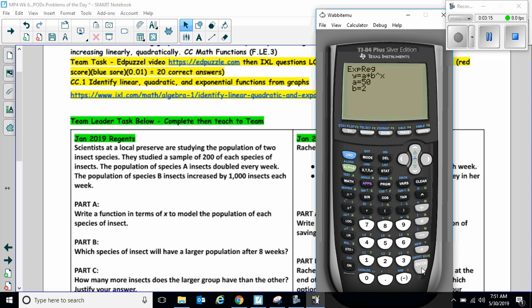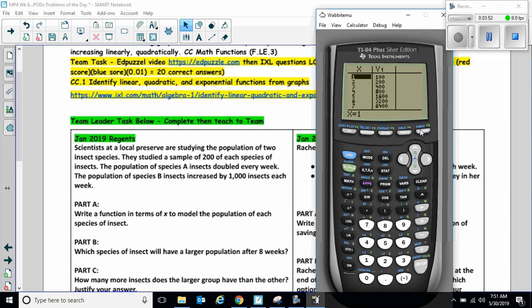So that means my a would be 50 and my b would be 2. What would this look like in my calculator? I'll pause the video, and this is what it looks like. Let's see if those numbers line up with what we just modeled. Perfect, that works. I don't even have to try the quadratic because the exponential has worked so well.